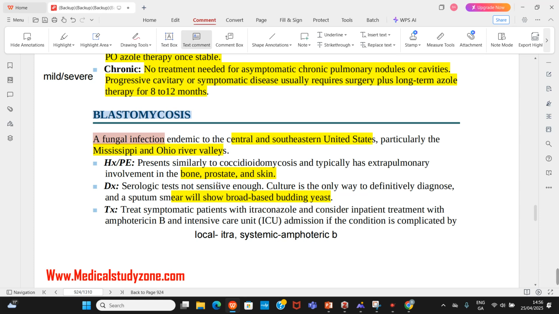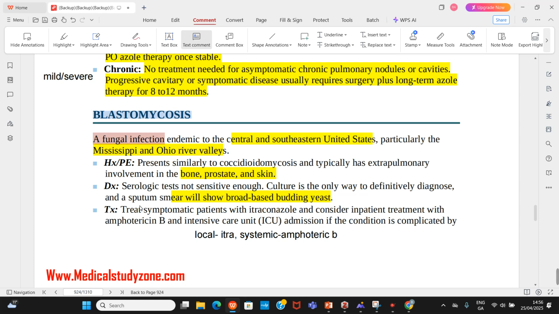So you see somebody presenting to the clinic with cough, chest pain, fever, erythema nodosum. They now show us some skin lesion that looks like squamous cell cancer. And the person is also presenting with prostatitis or a urinary problem. The answer is going to be blastomycosis. They can further help us, and they tell us that they do a culture of the sputum that was induced because the person was coughing.